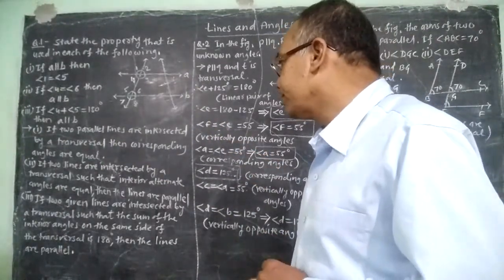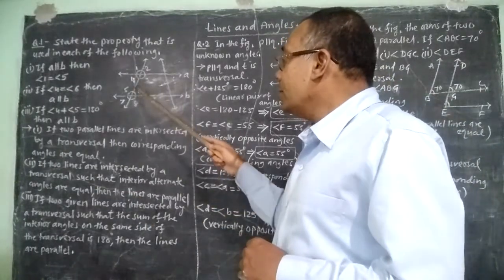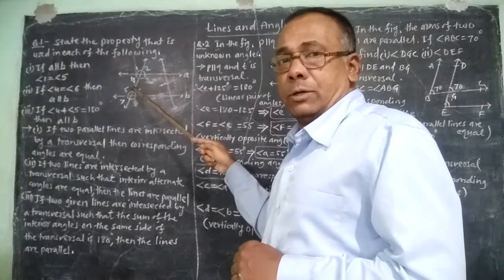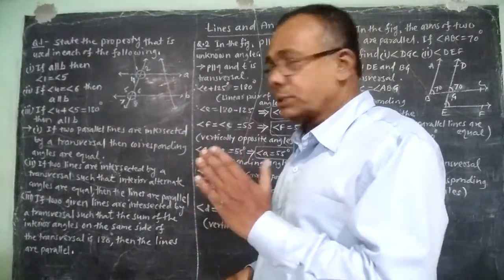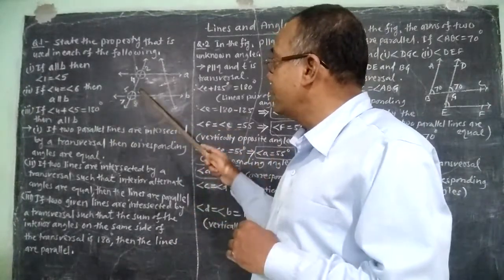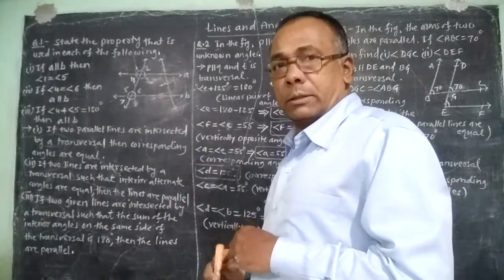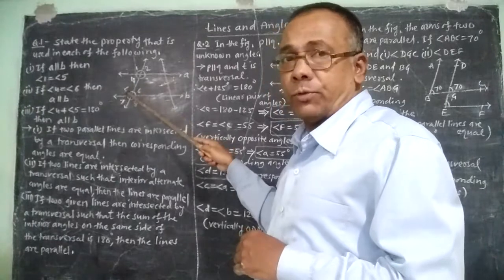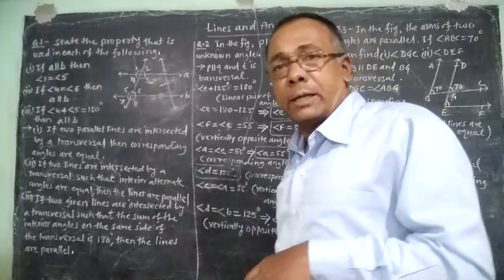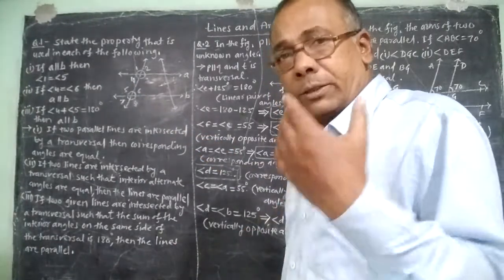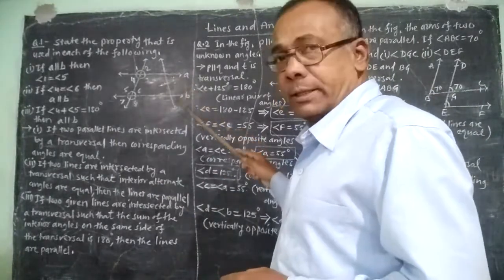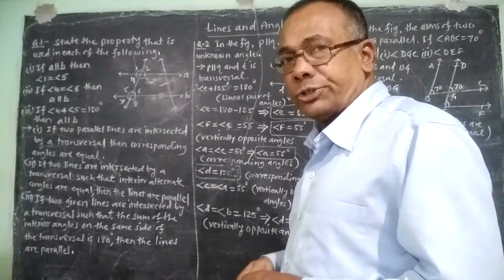Means here the second pair of interior angles on any one side of the transversal, if angle 4 and angle 5, if the sum of these two angles is 180 degrees, then also the lines A and B are parallel to each other.